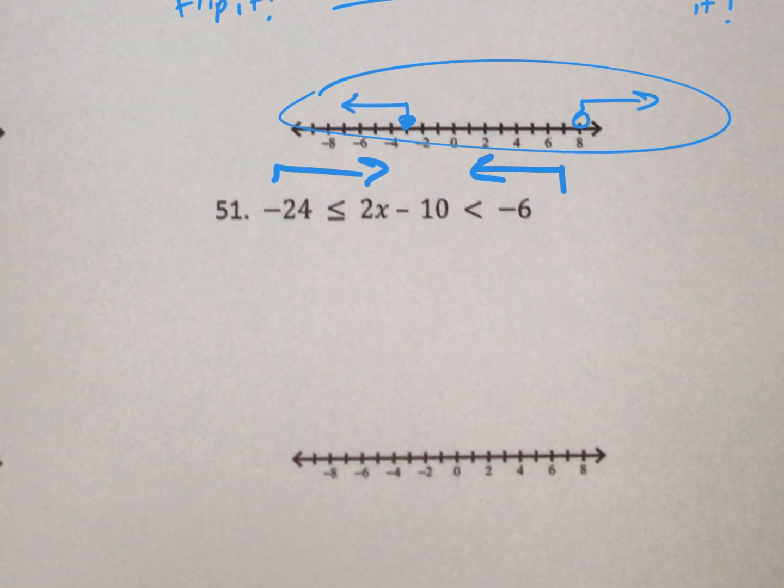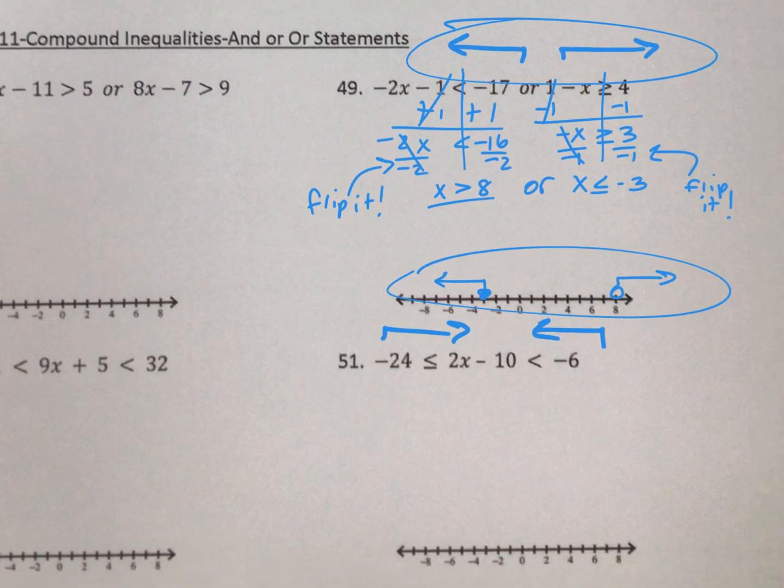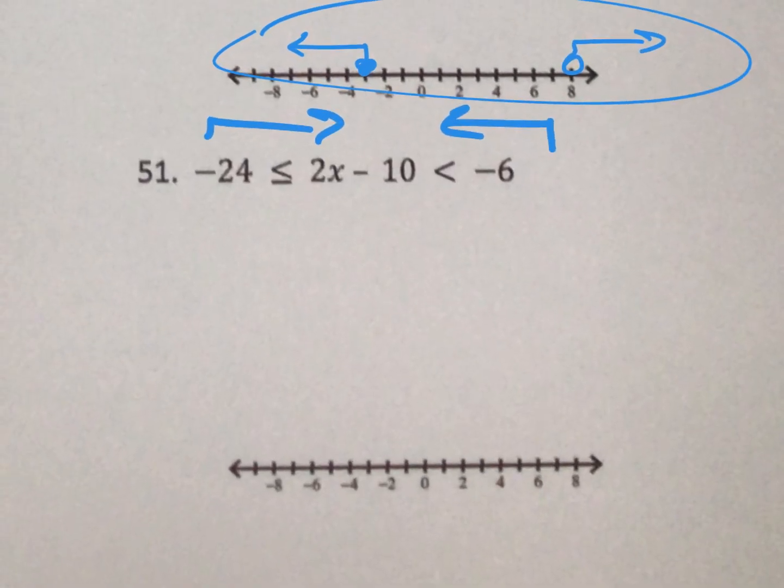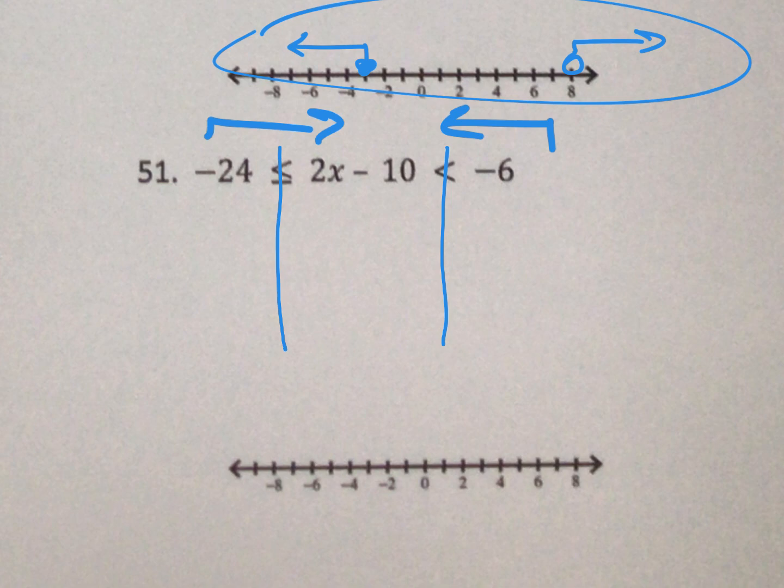Okay, number 51. This is a compound and inequality, and they graph towards each other. And these are actually very unique because we solve them all at once. So now we're trying to isolate the variable in the center of the inequality. So first, I'm going to get rid of the constant, and I'm going to add it on all 3 sides.